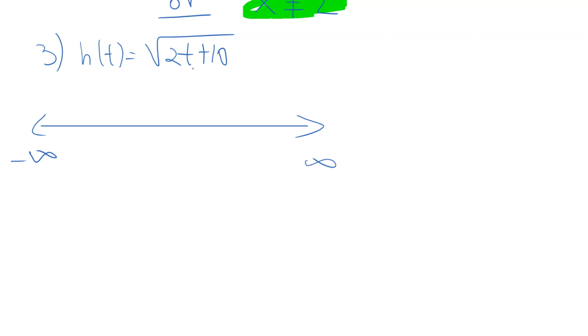So we know that when we have square root of a quantity, that quantity has to be non-negative, right? Because we can't take square root of a negative number. I mean, we can, but it's not a real number. So we must have that 2t plus 10 has to be 0 or positive.